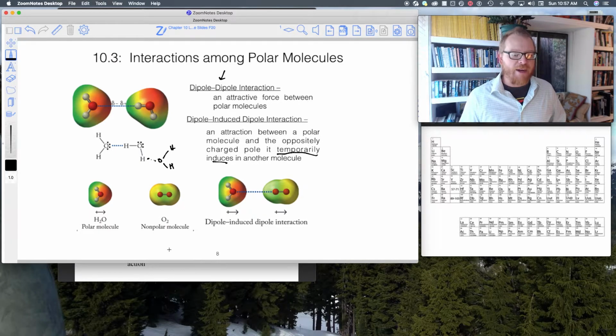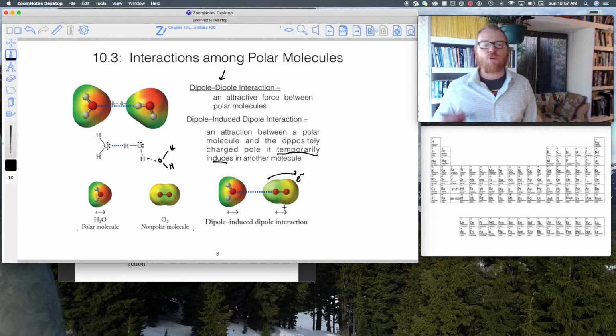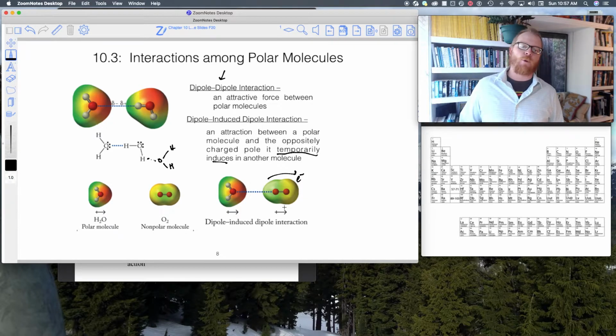And the reason for that is because as a water molecule gets close to oxygen, it can do this thing, right, where the negative end of this molecule makes these electrons move to the opposite side temporarily in the oxygen and creates this dipole-induced dipole.